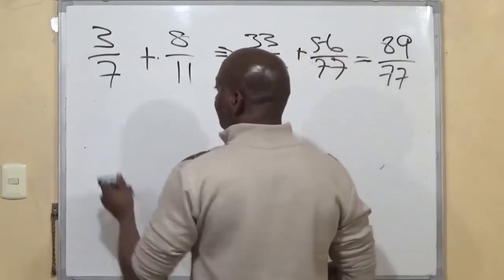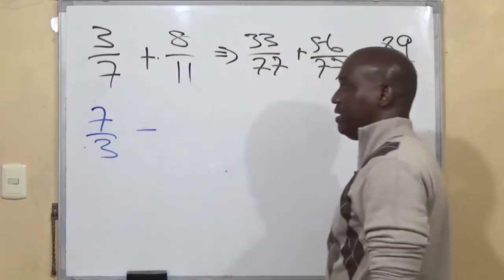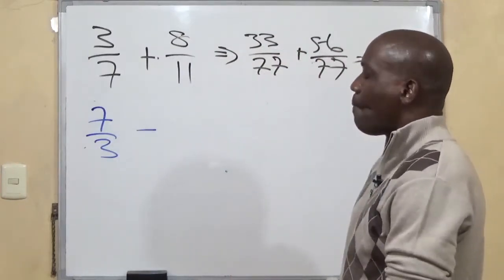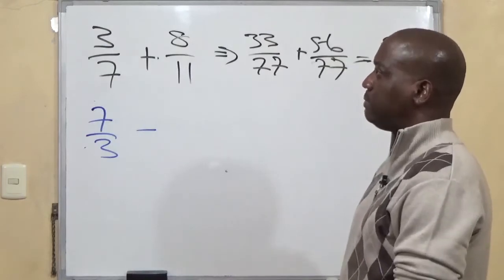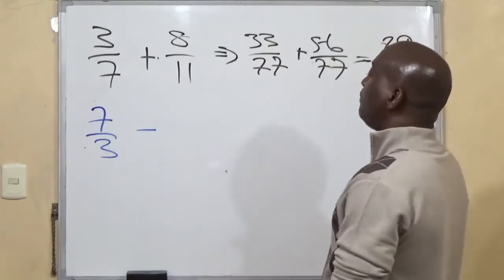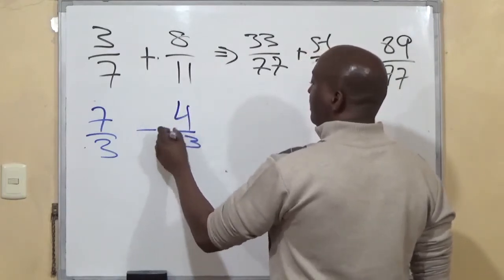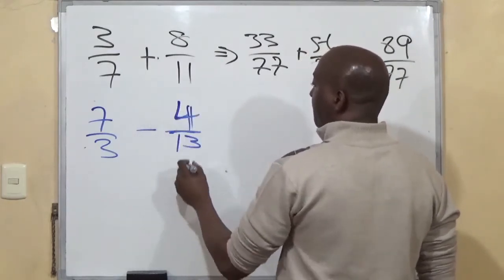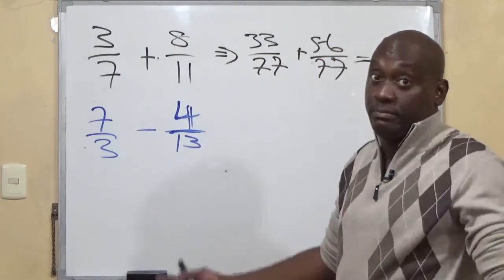We now have 7 over 3 minus, let us say, 4 over 13. Nice numbers, boy. Yeah? 7 over 3 minus 4 over 13.